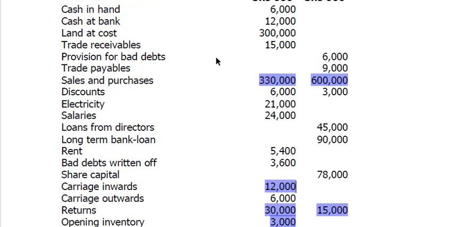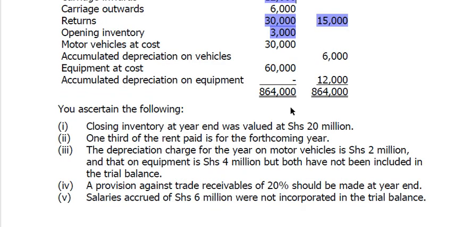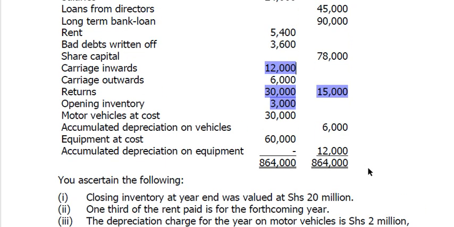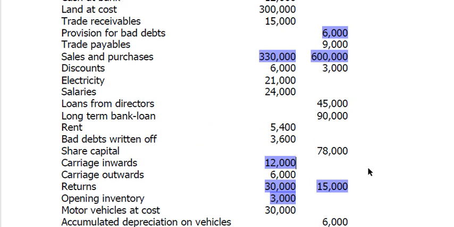In the question we have provision for doubtful debts of 6,000. But in the additional information, we have been told that a provision against trade receivables of 20% should be made at the end of the year. The trade receivables are 15,000.